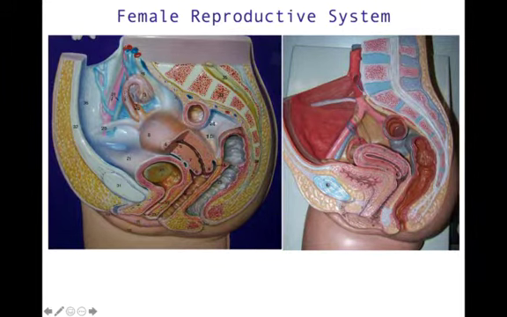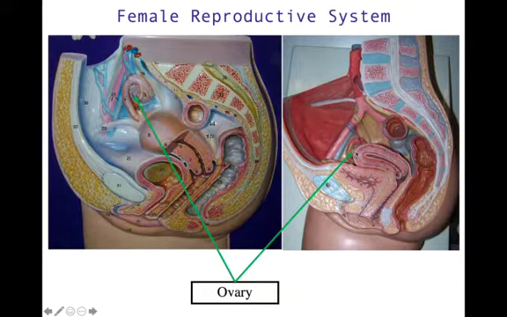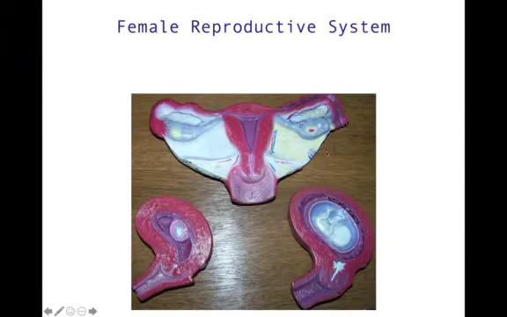Here we see number 1, the ovary, and the ovary over here also on this other model. From here we can see that we have both a right ovary and a left ovary. So we have a little bit of a pathway now.